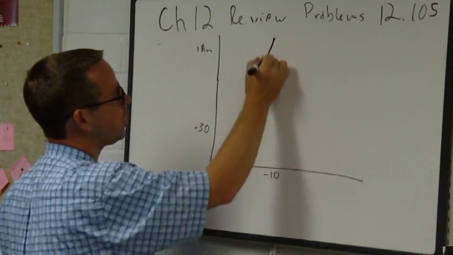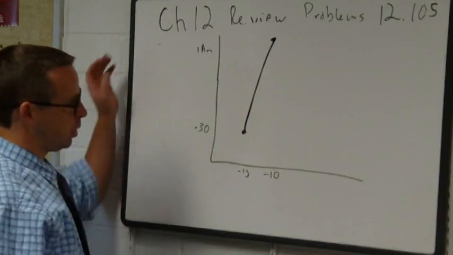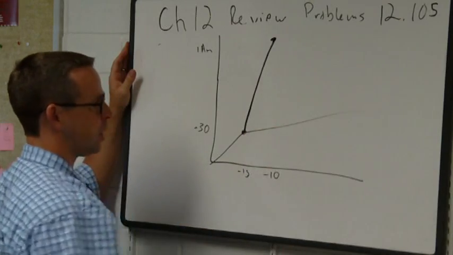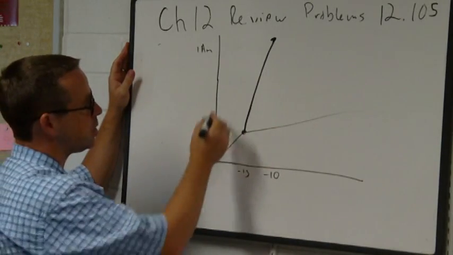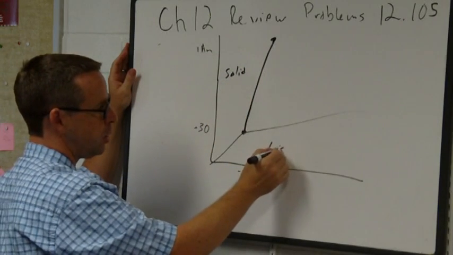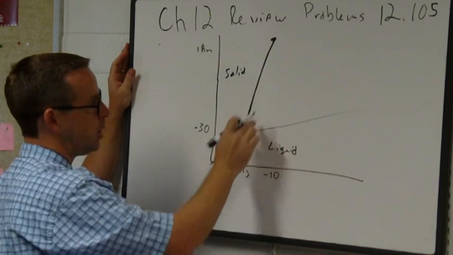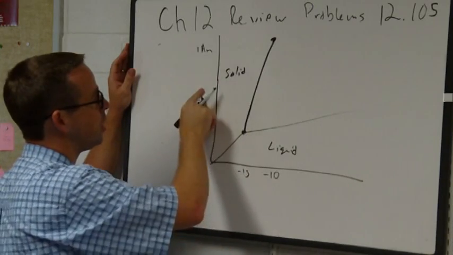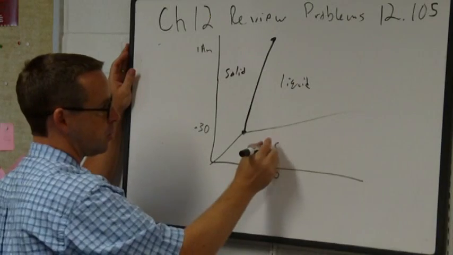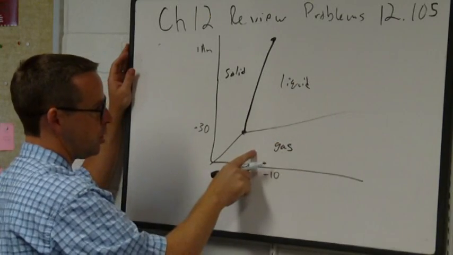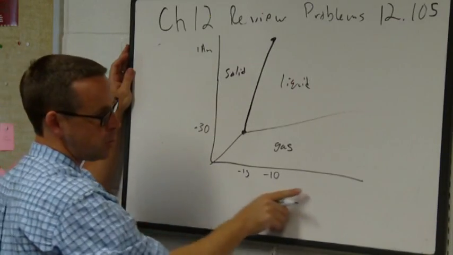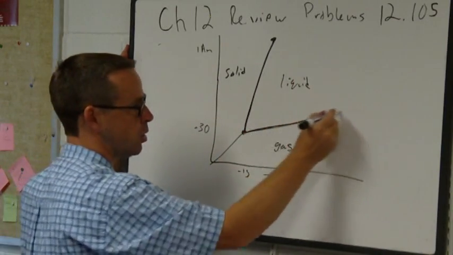So here's our triple point. Here's our melting point. This is probably going to come down here, and we're going to have another line going off here, right? Because this is where we're going to have our solid. This is going to be our liquid. And this is our gas. Right here, when the pressure is really low and the temperature is increasing, that's our gas phase.